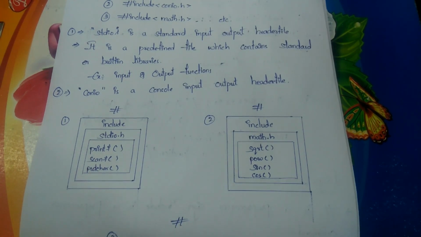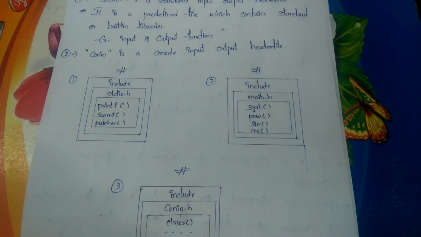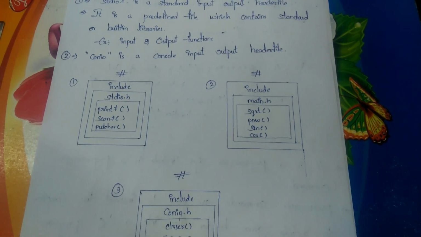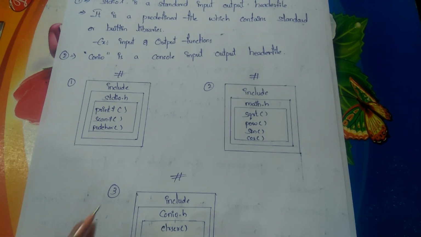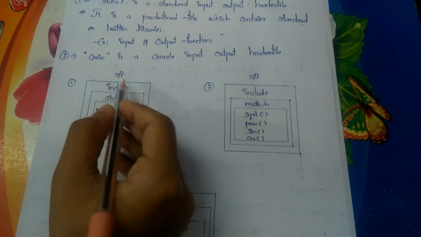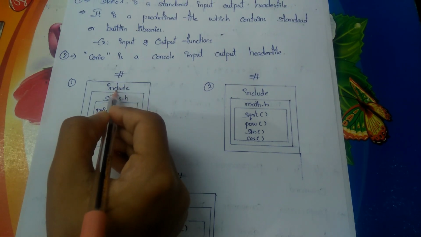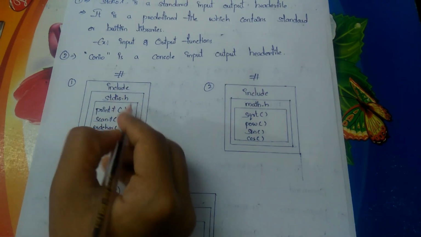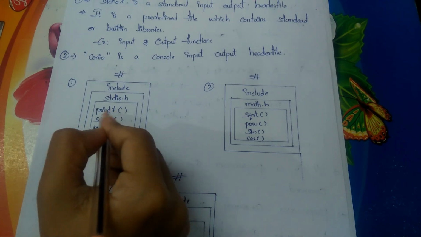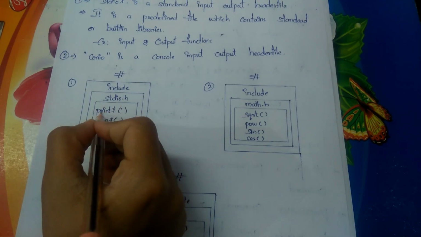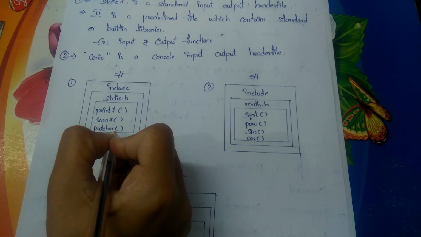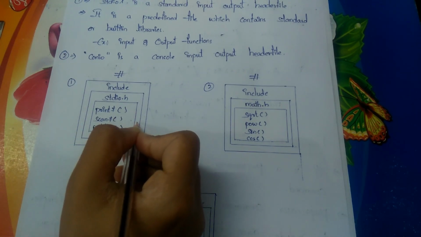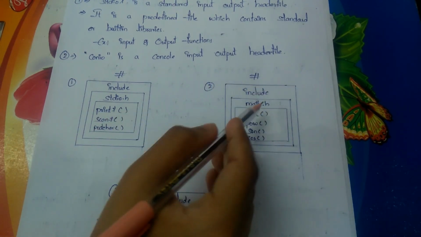And here, in the diagrammatic way, if you see hash include stdio.h, the first one, this is a preprocessor command. In this header file we have some predefined functions like printf, scanf, putchar, getchar, etc. The second one is math.h.